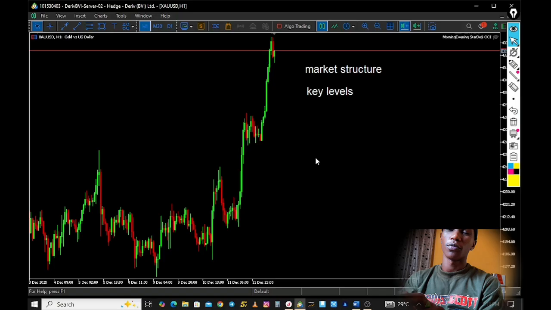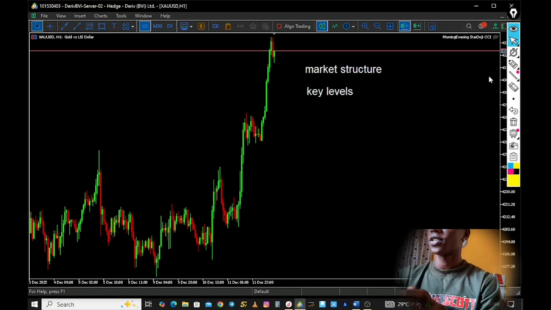Now, those key levels could be support and resistance.